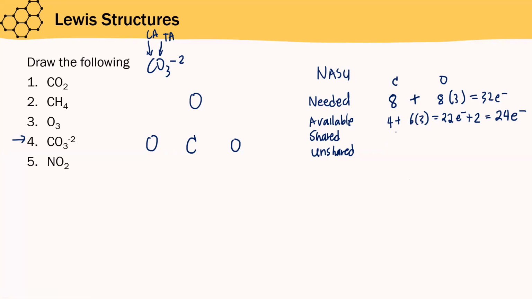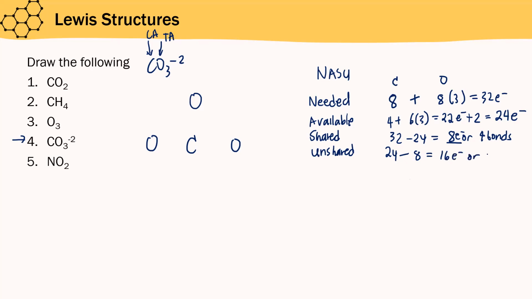So shared is n minus a. So 32 minus 24, that is 8. Or 8 electrons or ilang bonds. 4 na bonds. For unshared, that's 24 minus 8. Ilan yan? 16.